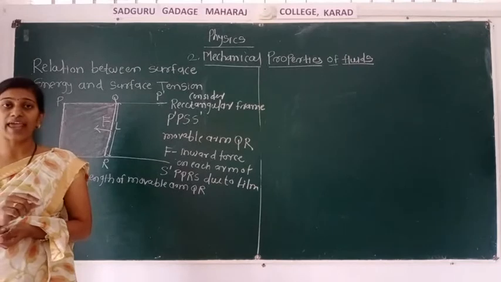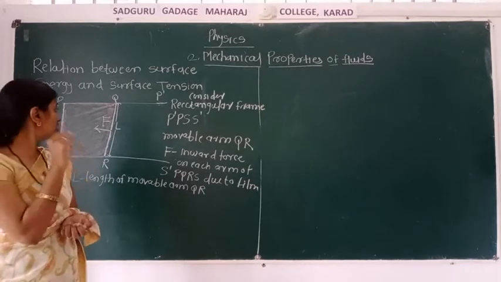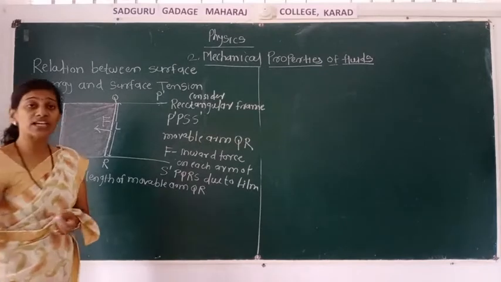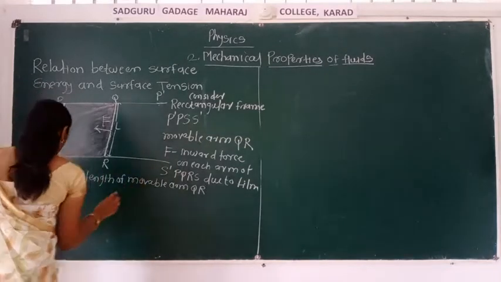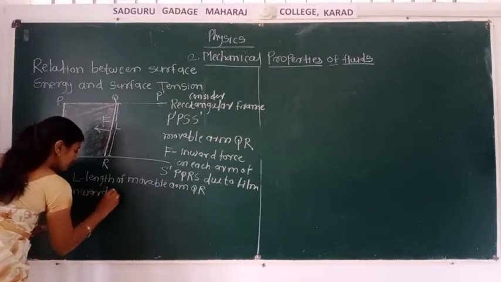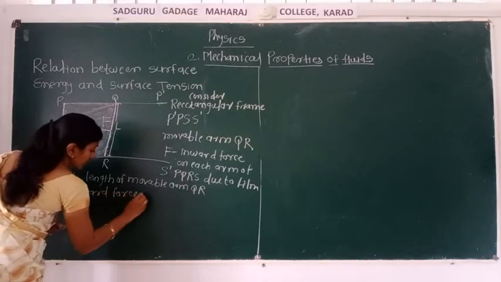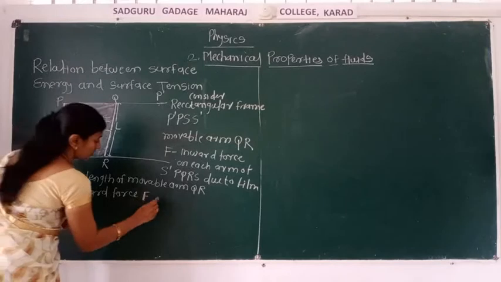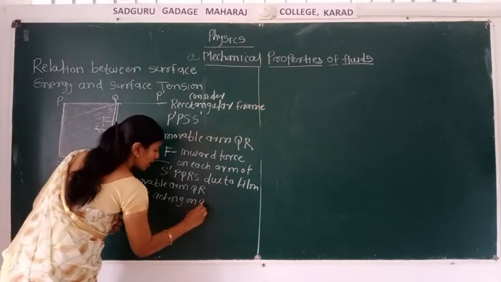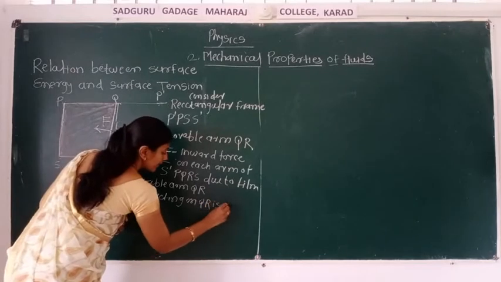The inward force acting on that movable arm is denoted by F, acting on QR, and is given by.